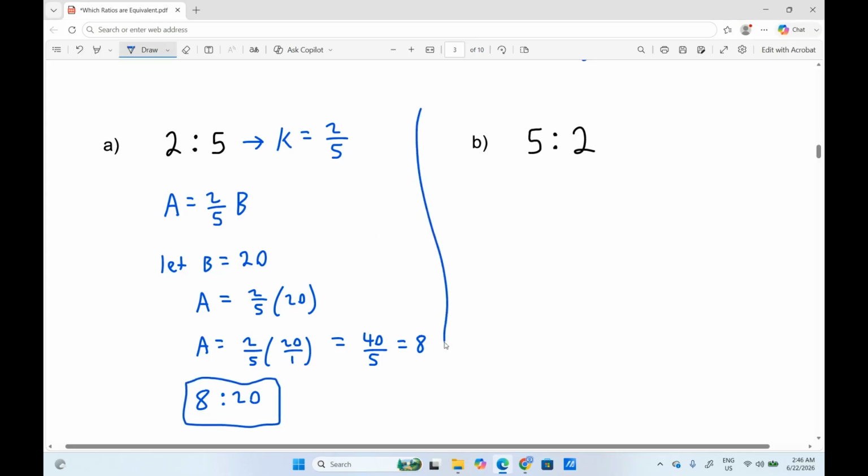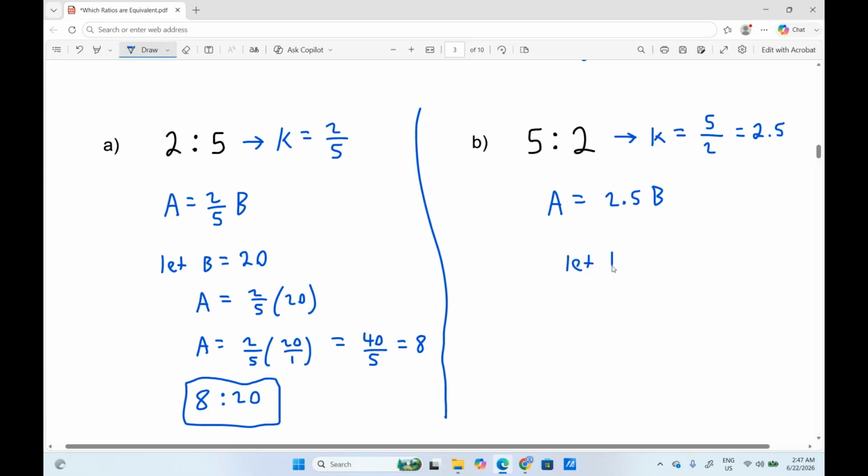Okay, great. Now for the ratio 5 to 2, my k value is going to be, the numerator is the entity on the left-hand side, and the denominator is the one on the right. So I got 5 over 2, and 5 divided by 2 is just 2.5. In this case, a equals 2.5 multiplied by b. I'm going to let b be any value.